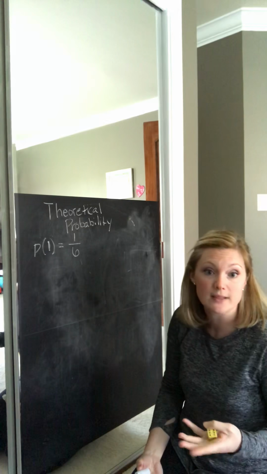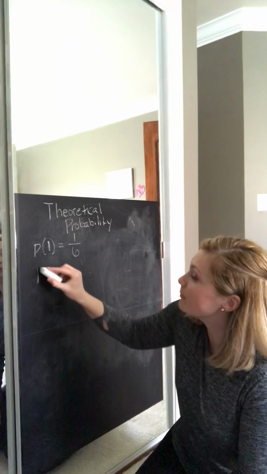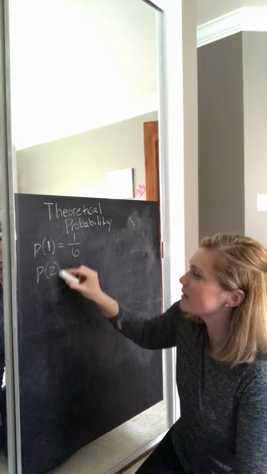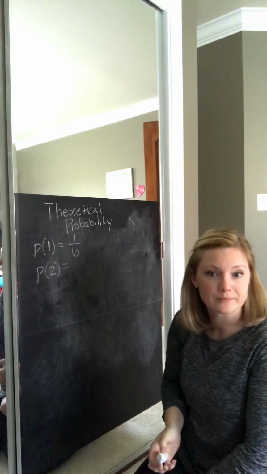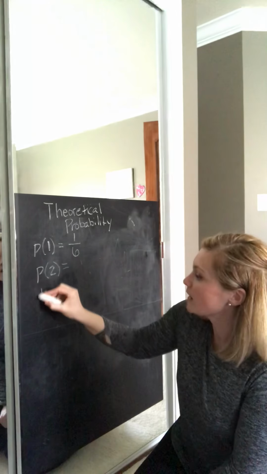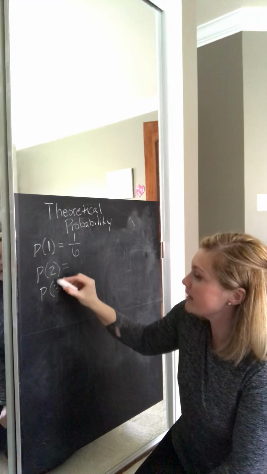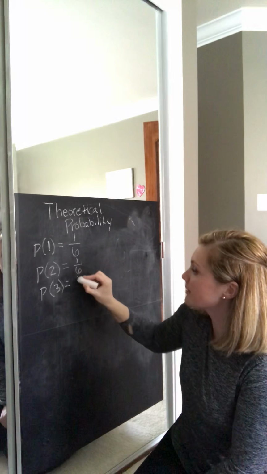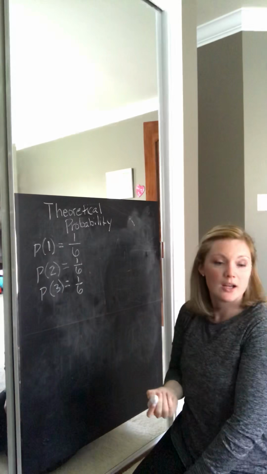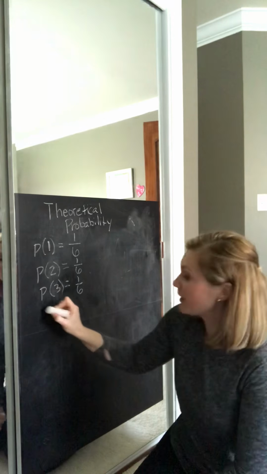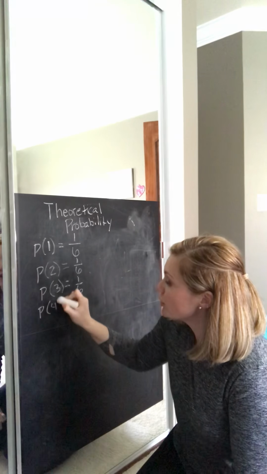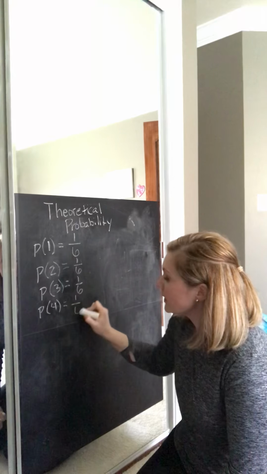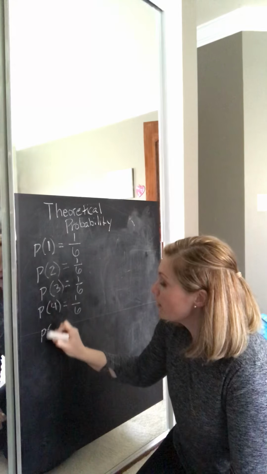You can also write that as a percent if you want to. What do you think the probability is going to be for the other numbers? Yeah, it's actually all going to be the same thing, because there's always 6 of them, and there's only one of each number. So the probability of each number on this die, theoretically, is 1 out of 6.